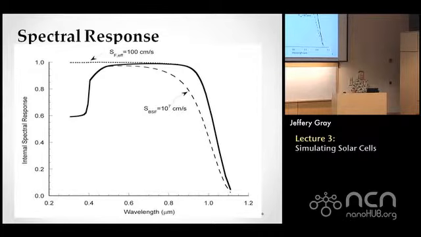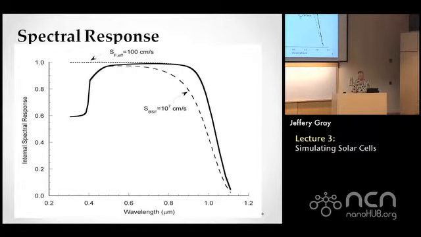And you can kind of see that in this particular expression. The solid line, I don't have it labeled, but I believe it's right around 1,000 or so for the front surface recombination velocity. If you increase that even more, you can see the effect in terms of the high energy photons.